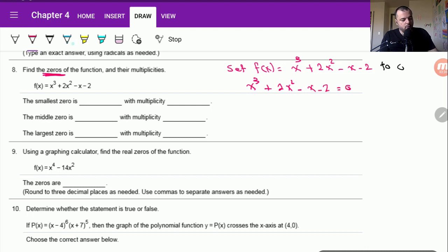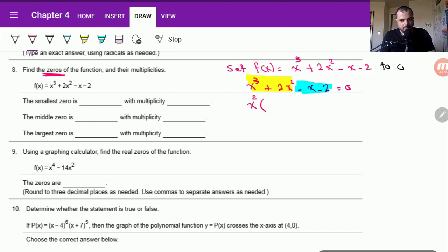Then I'm going to group the first two and group the last two and take a common factor among these two groups. So the first group, do we have a common factor? Yes, we can pull x squared out.